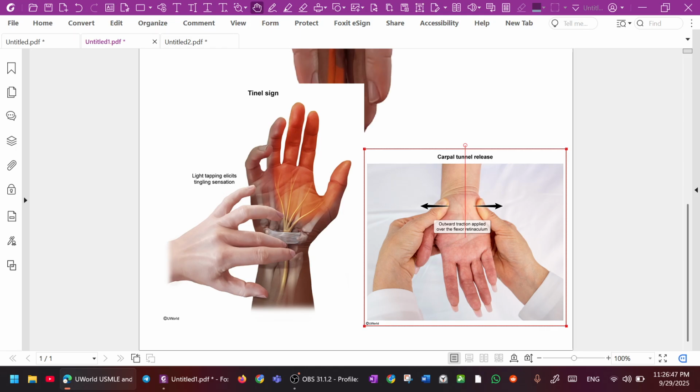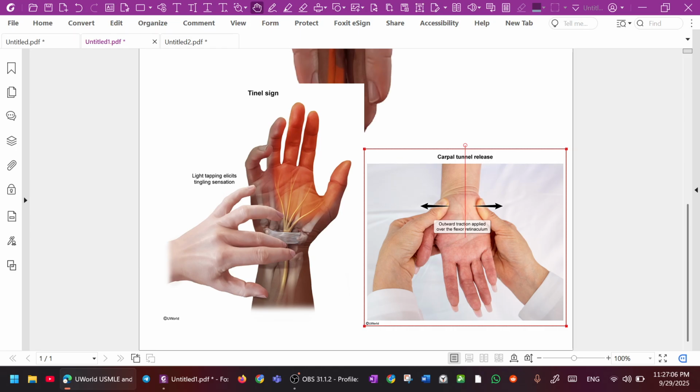There may also be weakness of the median innervated muscles proximal to the wrist, impaired wrist flexion, and forearm pronation.